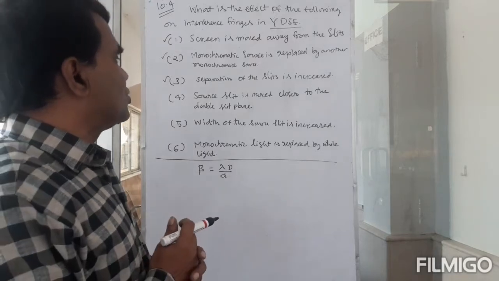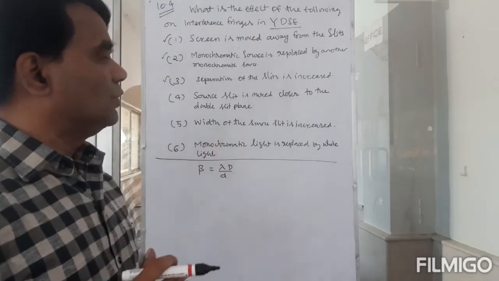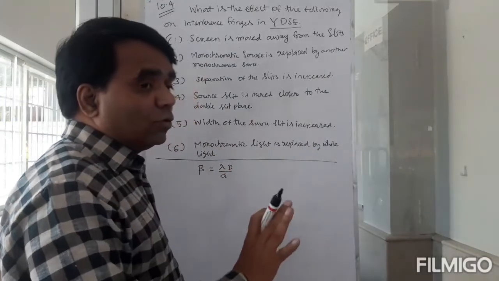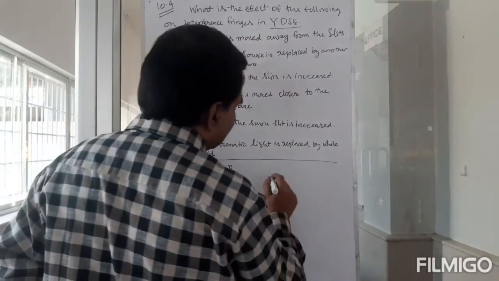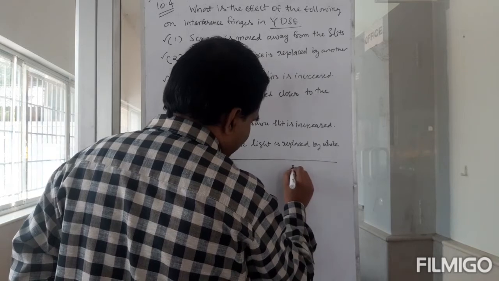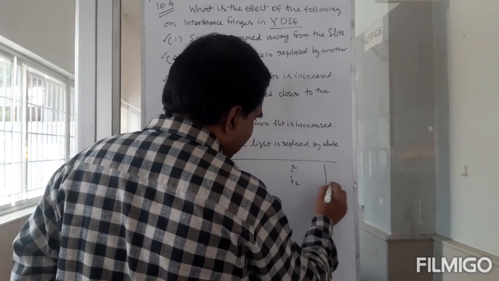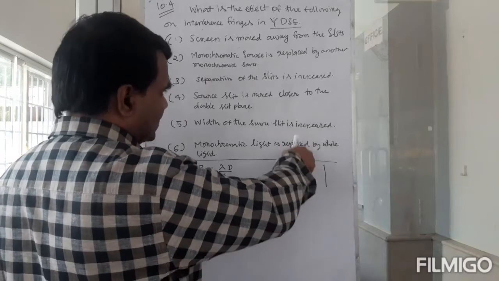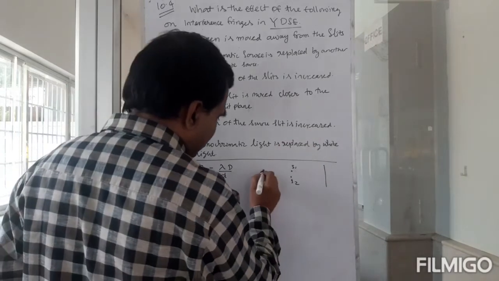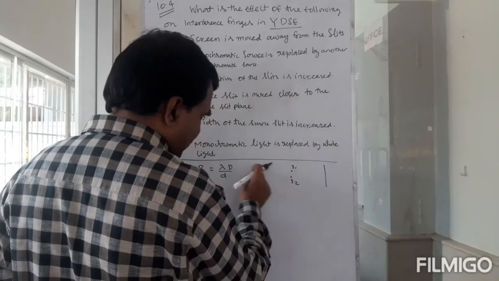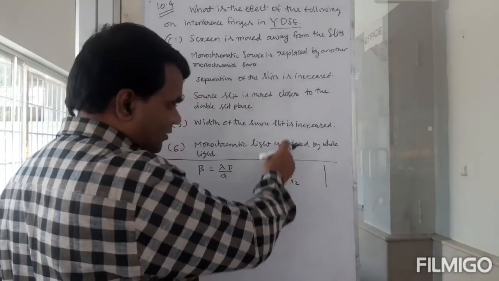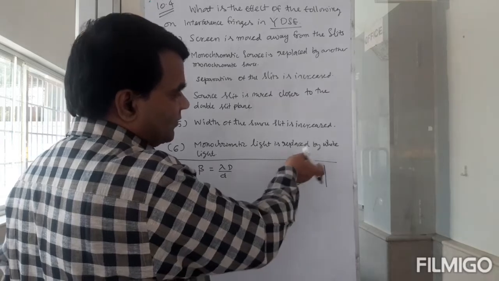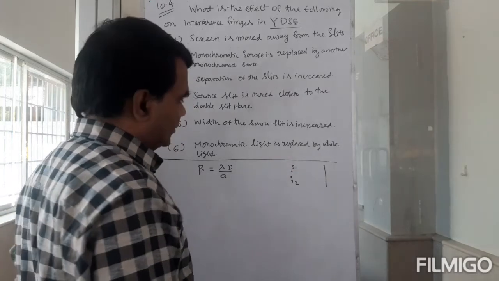Then fourth, source slit is moved closer to the double slit plane. So this is what we discussed before we did YDSE. Well, this is S1, S2, and then this is the screen. So this is the double slit plane, right? S1, S2. So now the source slit, I said you have to keep it further away so that you get almost parallel waves from where you derive the other two sources.